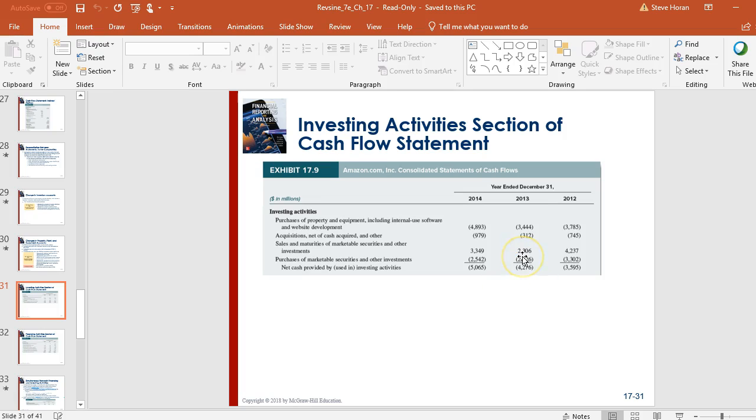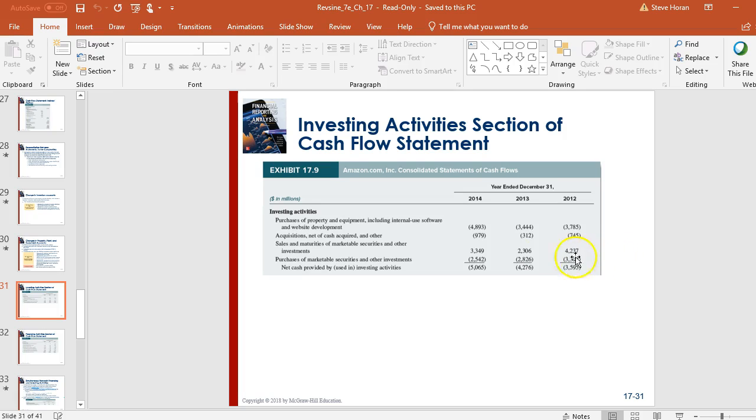These are typically negative. Now, of course, you want your cash flow from operating to be positive, because that positive cash flow will then help pay for investing in my business and buying property, plant, equipment type assets and taking any extra cash that I have and investing those.